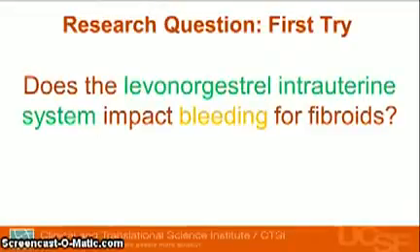Well, it looks like the outcome is bleeding. But the problem with this research question is that the outcome is not focused. It's not clear. Which way do you think the bleeding will go? Worse, better? And what type of bleeding? Is this menstrual bleeding? Is this bleeding anytime? And the other problem with this research question is that it doesn't have a study population.